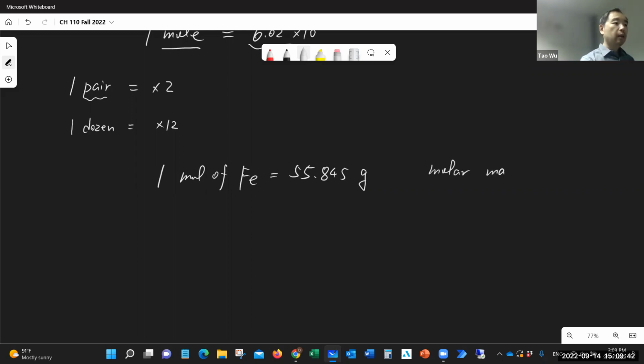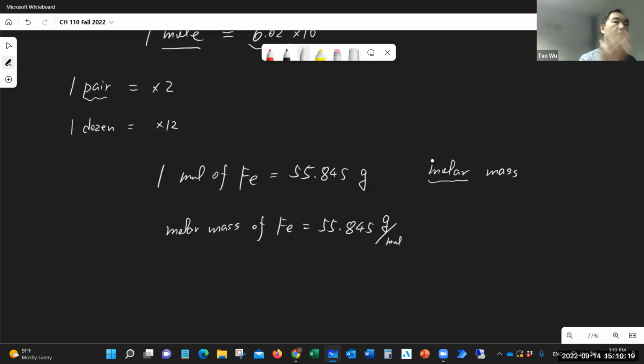Molar means 1 mole, so if we have 1 mole, how much mass is it? Like the molar mass of iron is equal to 55.845 gram, and not done yet. The unit is gram per mole.